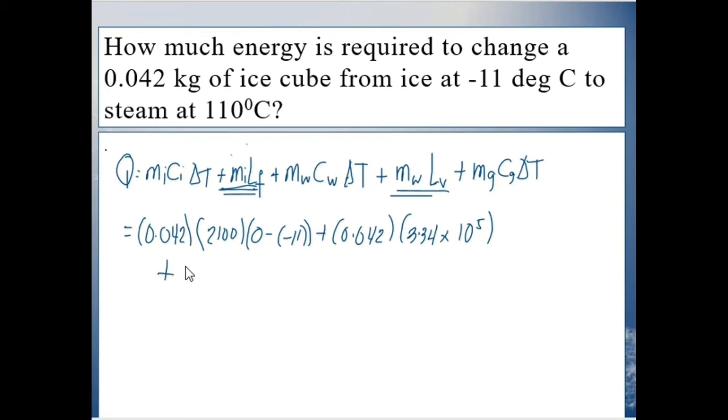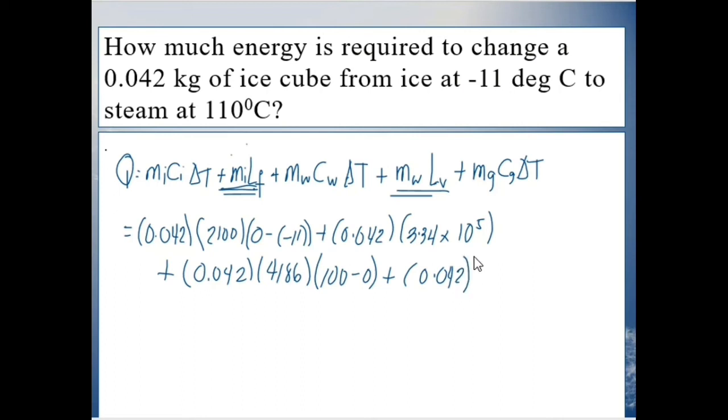Okay, there. So plus, we now put in the mass of the water, which is 0.042 because it has completely melted. C of water is 4,186 joule per kilogram Celsius degree. And then its delta T is from 0 to 100, so the final temperature is 100 minus 0. Then plus, mass of the water is 0.042.